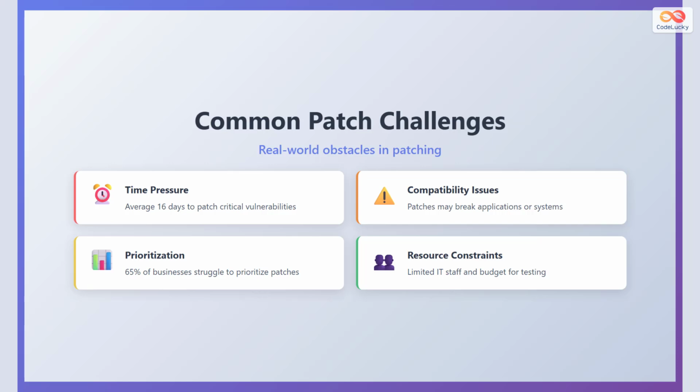Prioritization is difficult because 65% of businesses struggle to determine which patches are most urgent. Resource constraints also hamper progress, as many organizations lack sufficient IT staff and budget for thorough testing. Understanding these challenges helps organizations prepare better strategies and allocate appropriate resources.